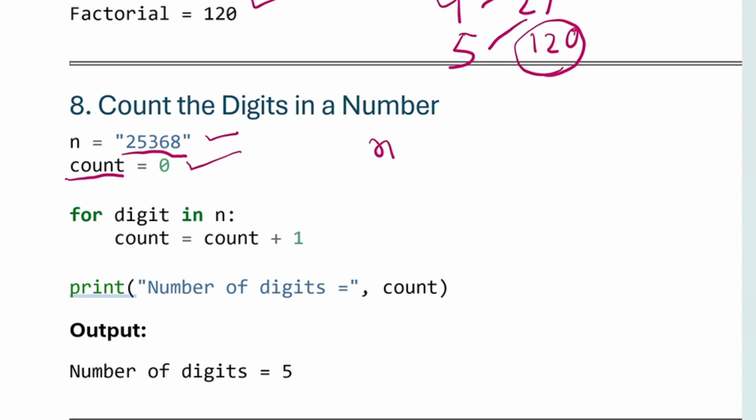Instead of this, you can write here also, let n equal to, in double quotes, psi.